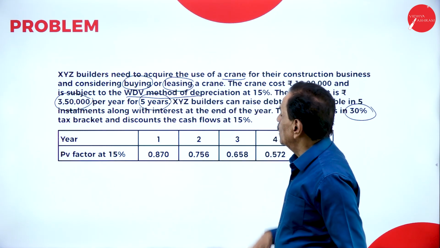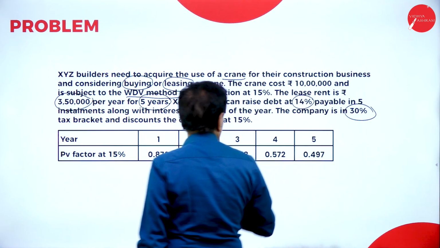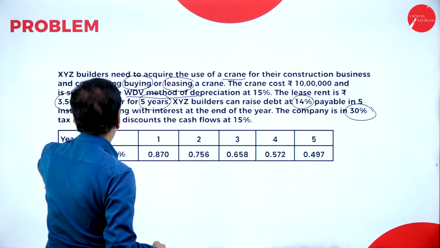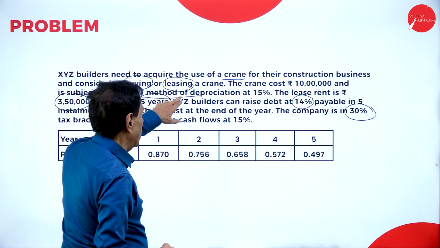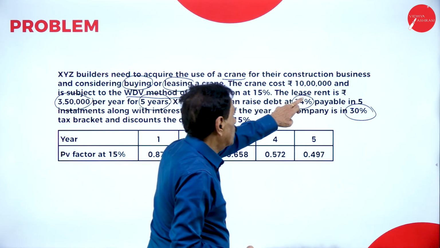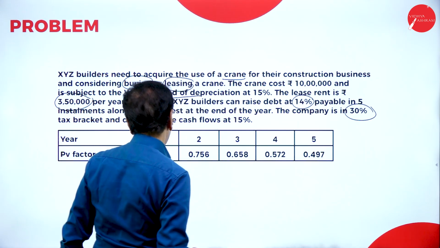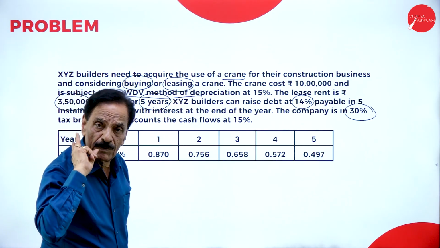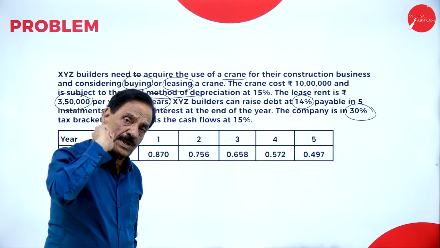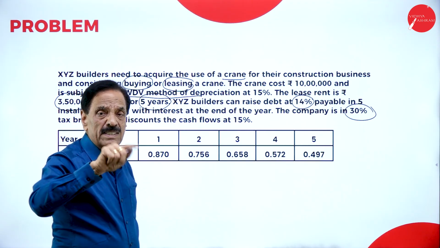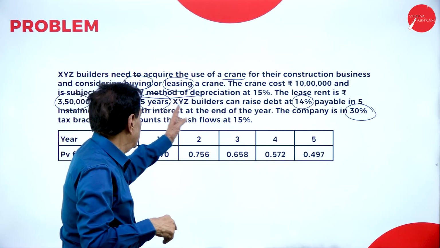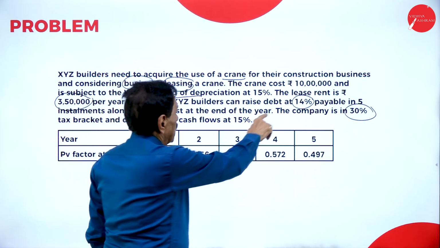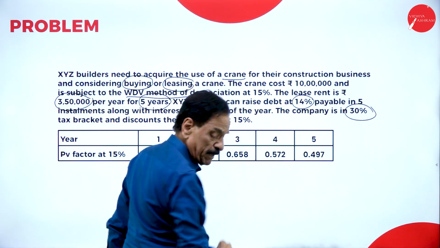XYZ builders need to acquire the use of a crane for their construction business and consider buying or leasing a crane. The crane costs rupees 10 lakh and is subject to the written down value method of depreciation. There are two types of depreciation: one is called the straight line method and the other the diminishing balance method or written down value method. Depreciation is at 15%.